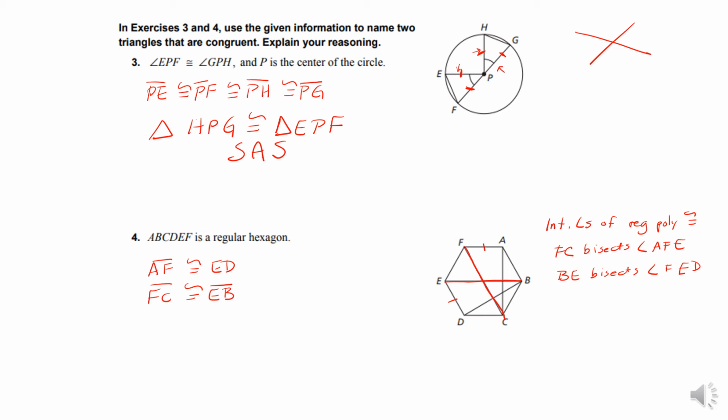So now these are bisected, which means the interior angles are equal, and when you bisect them, these are equal. So actually it's this one that I want to be equal. So that means that angle BED is congruent to angle CFA.